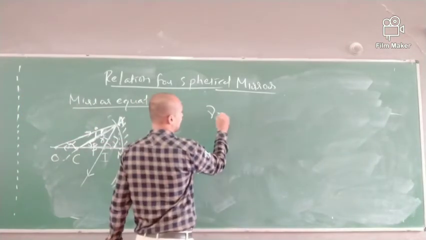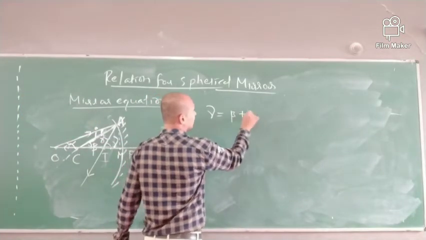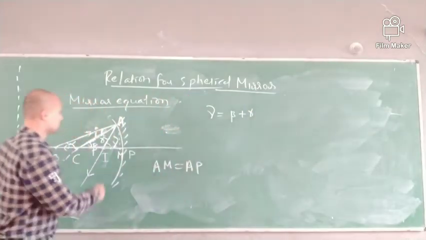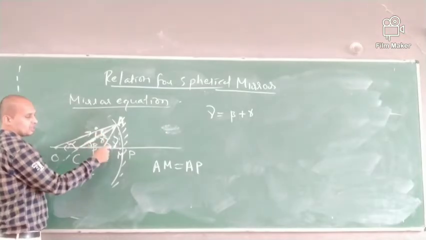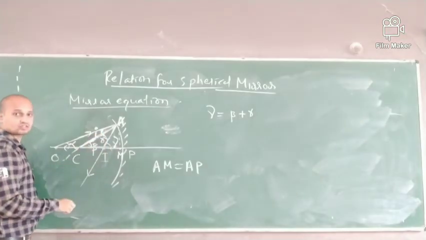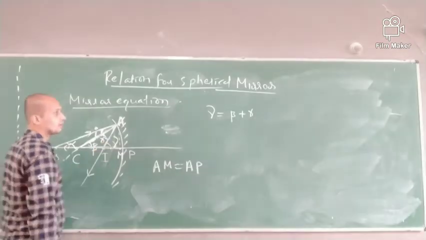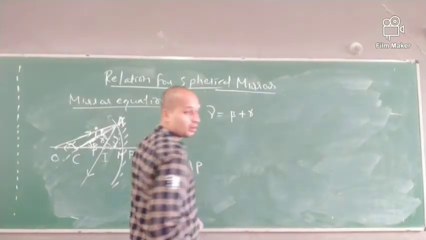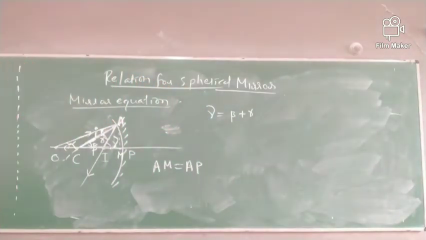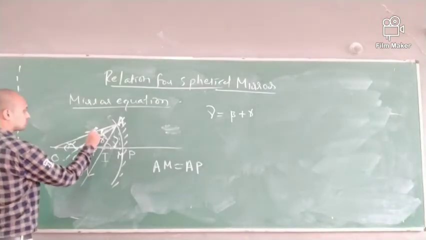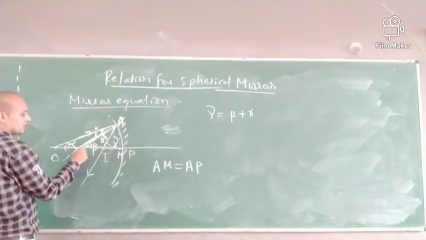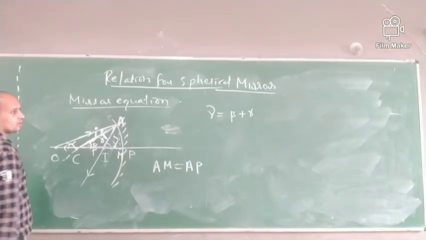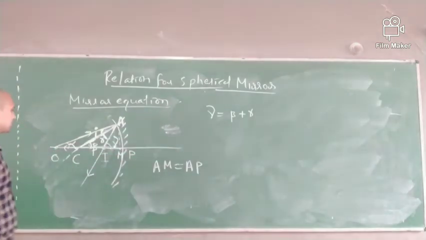So I can write gamma is equal to beta plus r. From this triangle, the sum of two interior angles is the exterior angle. So the addition of these two angles is gamma. So gamma is equal to beta plus r. This is I, this is r, this angle is beta, this is gamma.